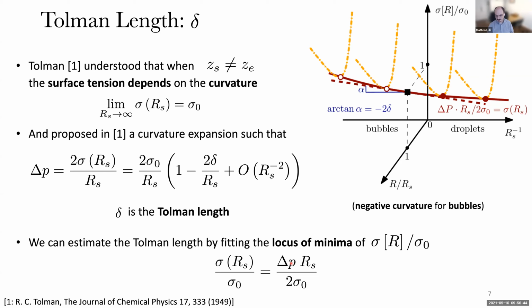We just need to know the delta pressure, the radius of the surface of tension, and the flat interface surface tension. The point that we're going to face in a second is how to measure this surface of tension radius, Rs.